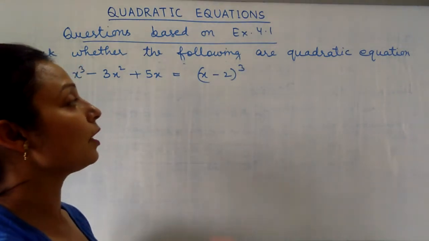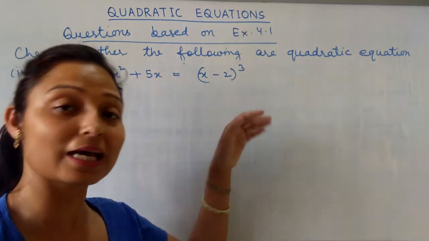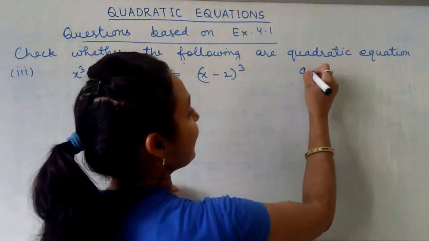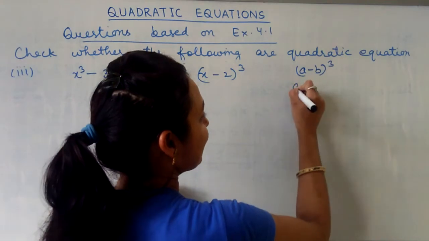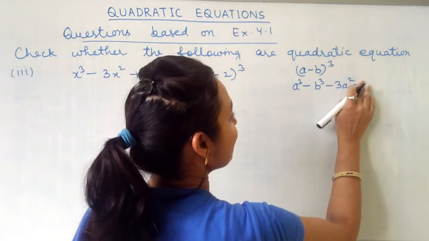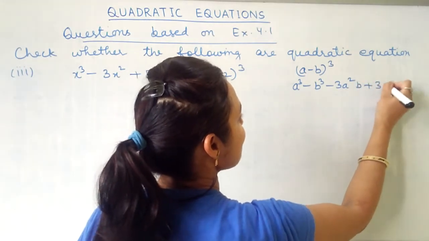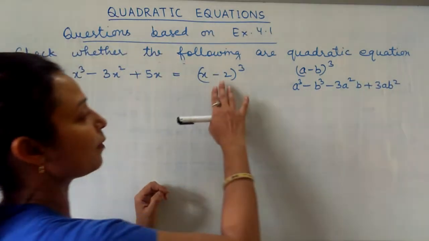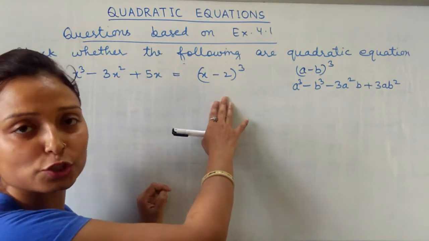I have the formula for a minus b whole cube, from class 9th. What is that formula? A minus b whole cube is a cube minus b cube minus 3a square b plus 3ab square. Is it right? I will apply this formula for simplification of x minus 2 whole cube.